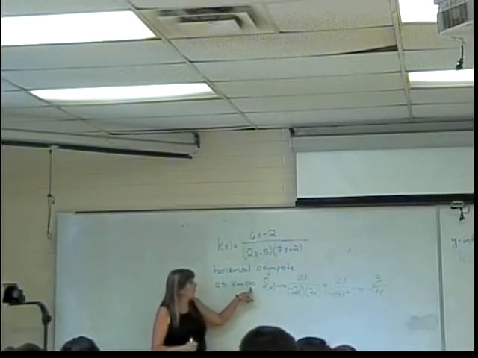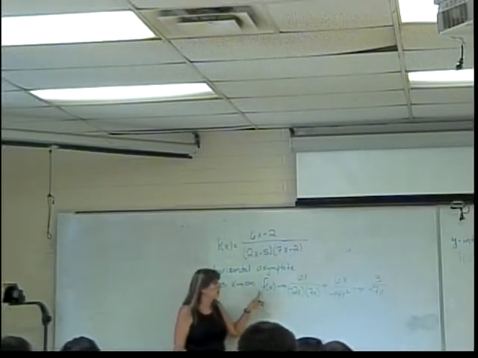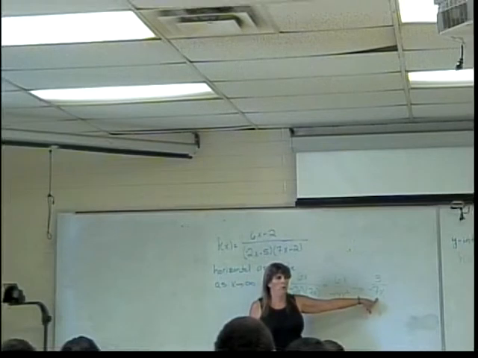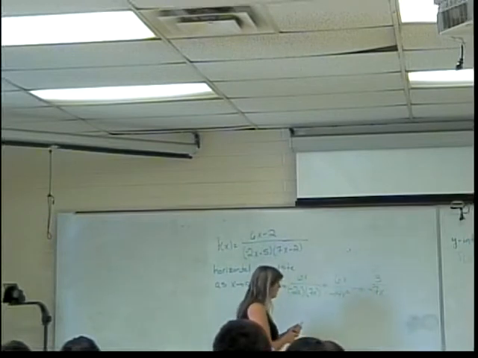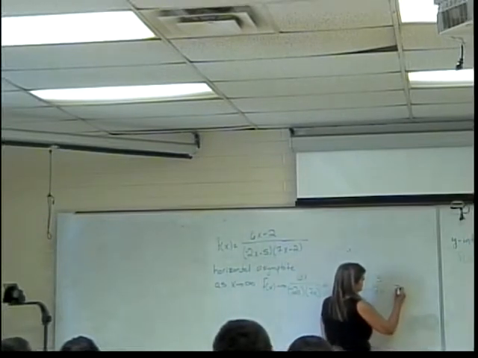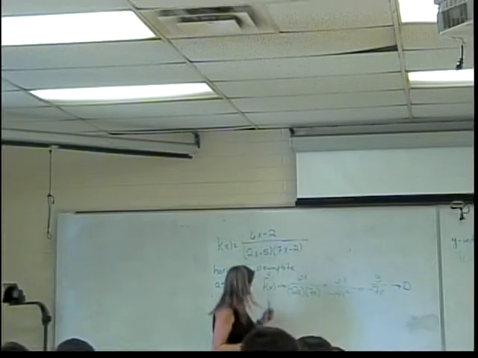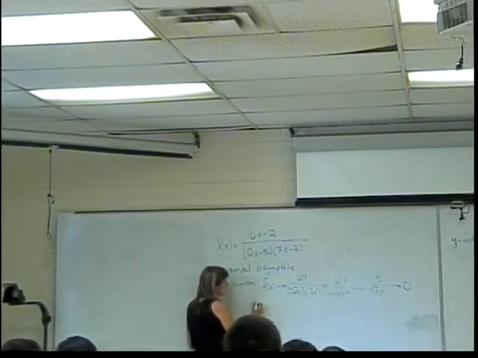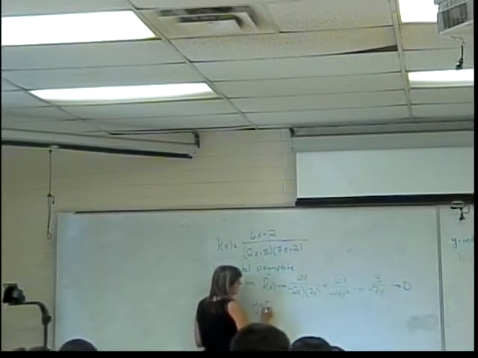As x is getting really big, what is happening to this fraction? It's getting really small. Really close to what nice small number? 0. So this is approaching 0 as x is getting really big. So that means we would say that the horizontal asymptote is y equals 0.